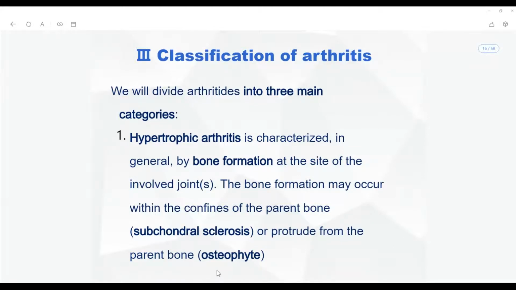So remember, in hypertrophic arthritis there will be new bone formation, there will be subchondral sclerosis, and there should be presence of osteophytes. So three characteristic features: bone formation at the site of involved joints, subchondral sclerosis along the areas of friction, and at the same time formation of osteophytes.